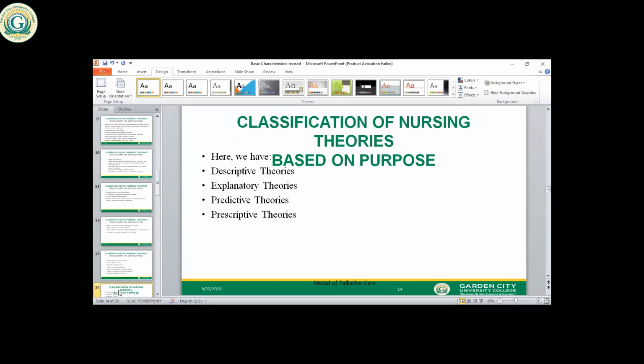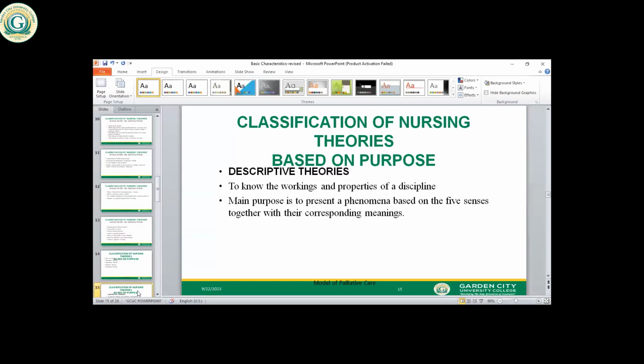For theories that are based on purpose, we have the descriptive theories, explanatory theories, predictive theories, and then prescriptive theories. So we'll take them one after the other, and then we'll see what goes into each.